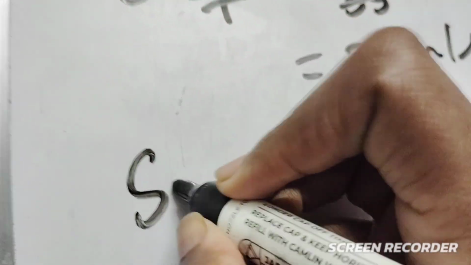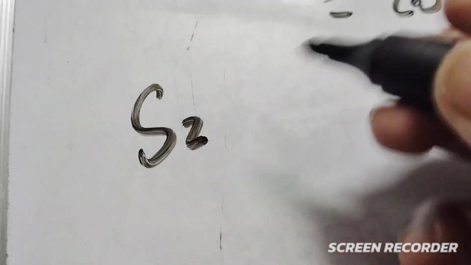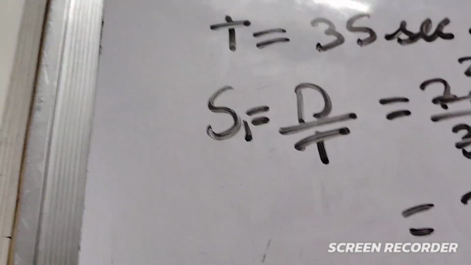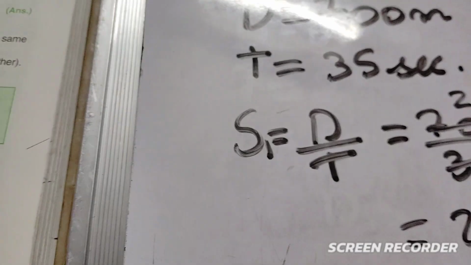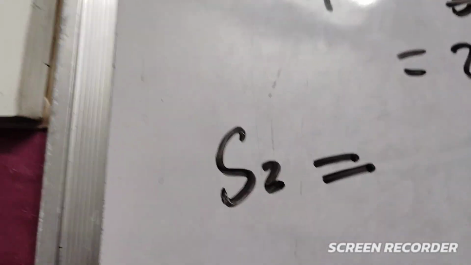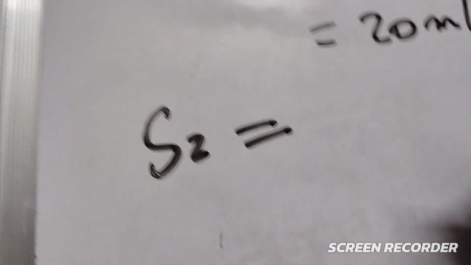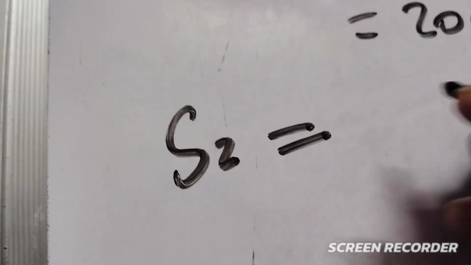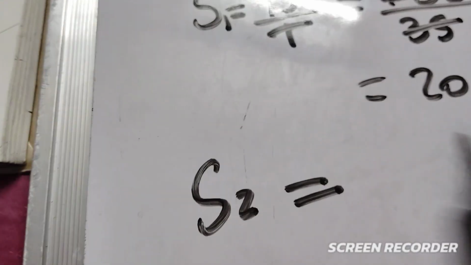And to convert speed, here it is speed 1 and this is speed 2. If it is many times, one time is given and you have to find another time, you have to write it as time 2. I have forgotten to write that. Okay, speed 2.